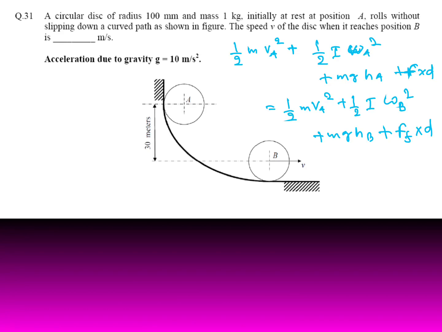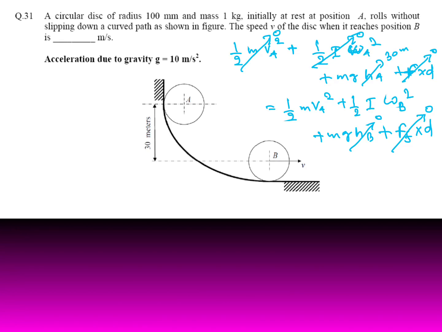Then it starts from rest, so initially at rest vA is 0 and omega A is also 0. hA is 30 meters. No external force, so this is also 0. vB and omega B are both unknown. hB is 0, and frictional work is also 0. So finally, what did we get?